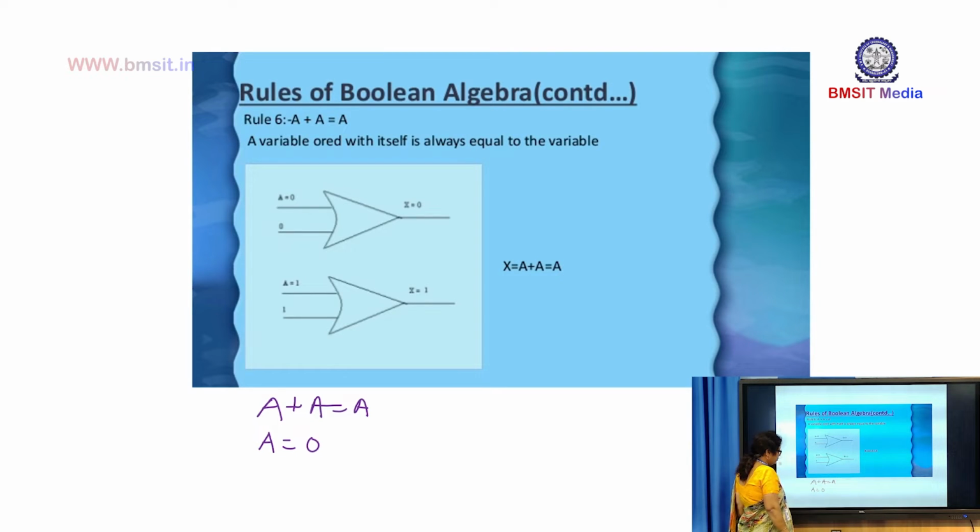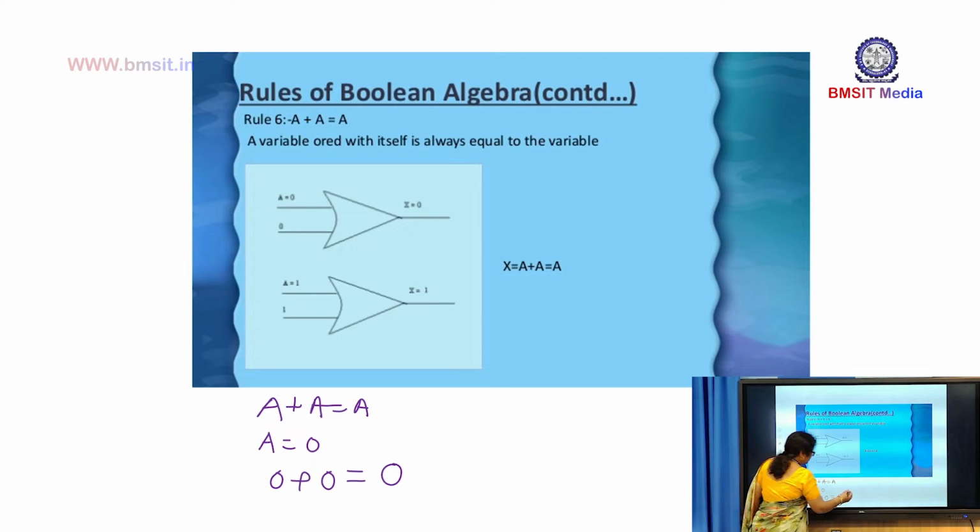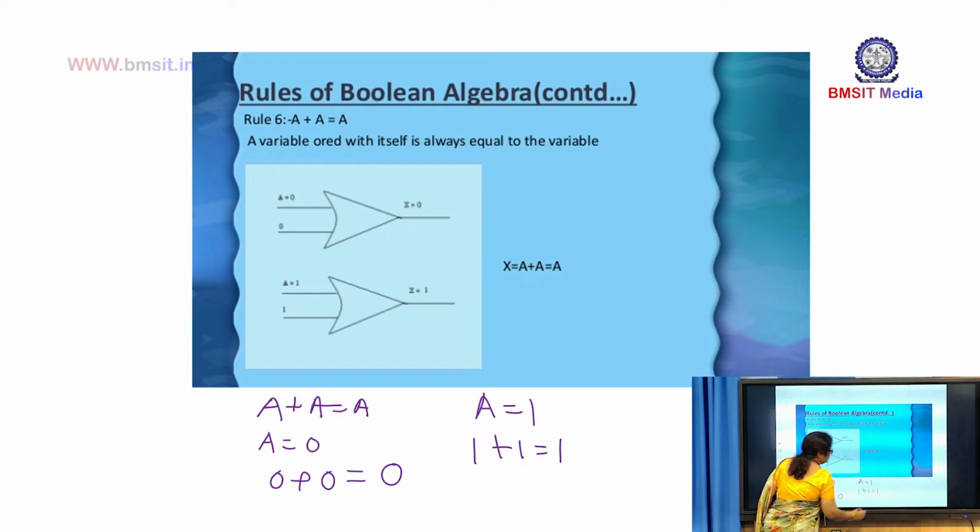If A equal to 0, this expression becomes 0 plus 0 equal to 0 using the rules of Boolean addition. Next, when A equal to 1, this expression becomes 1 plus 1 equal to 1, again using the OR addition rule.